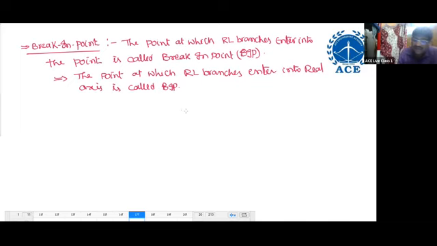So for example, here for break-in point, I'll take 2 poles here and 2 zeros here. There exists a root locus branch here.